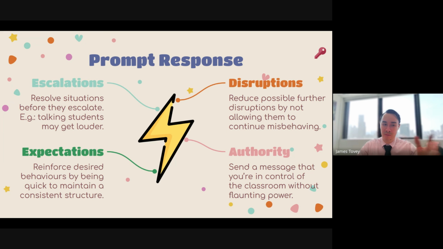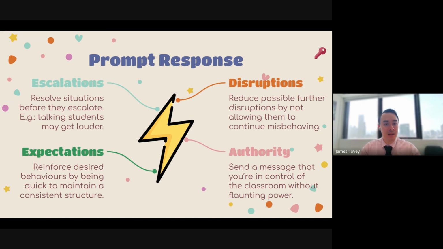Kind of like with the expectations as well. You're setting that atmosphere in the classroom that we don't tolerate these disruptions. If they're allowed to continue, then disruptions just become part of the classroom, and then they'll continue to do it with every class and so forth.